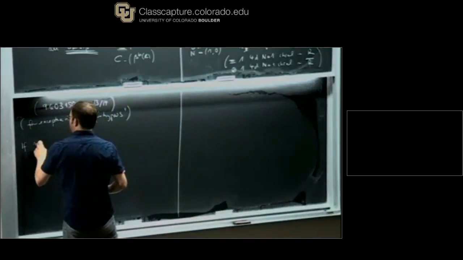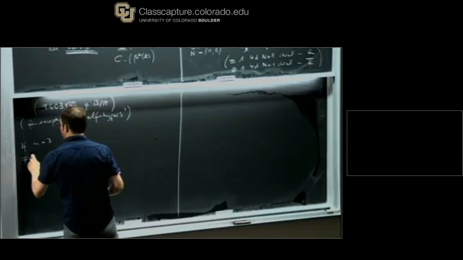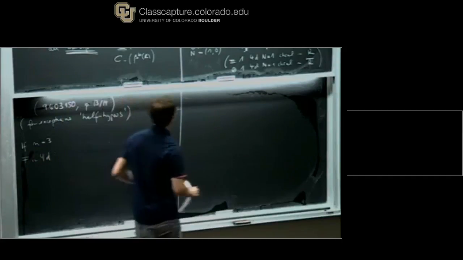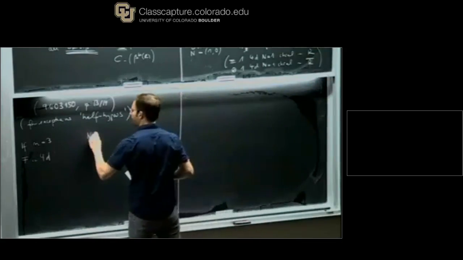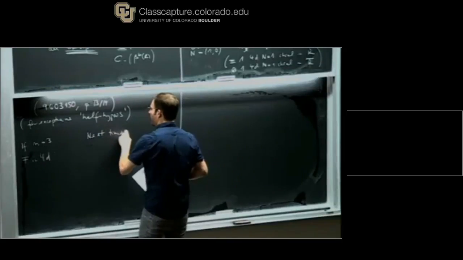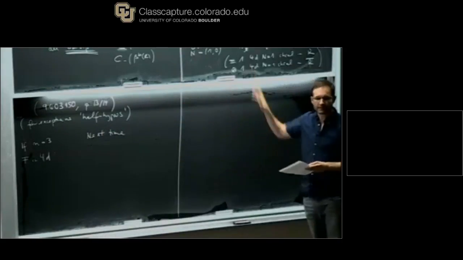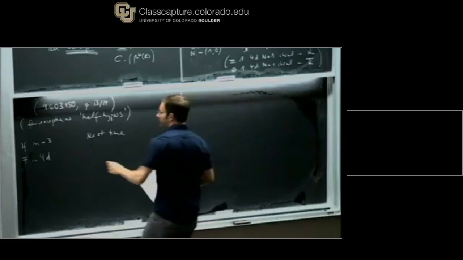And then if n equals 3, so this would be F theory in 4D. Here I will discuss the multiplicities next time. And at the moment, in absence of flux, we have non-chiral matter.